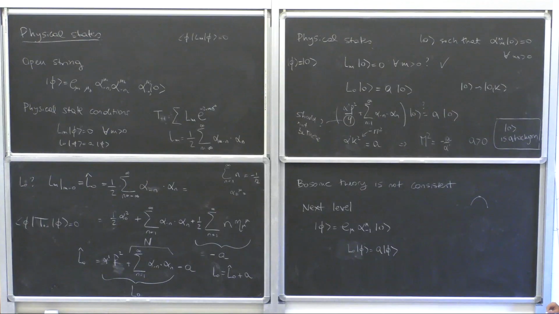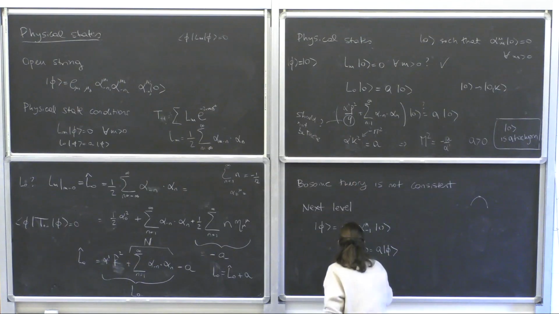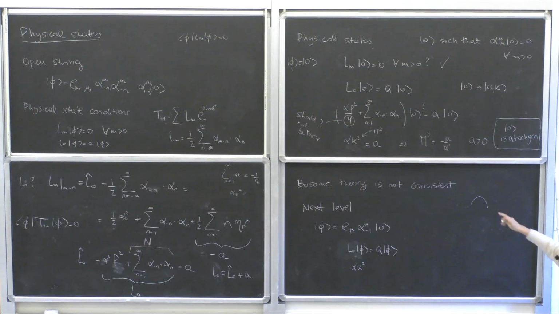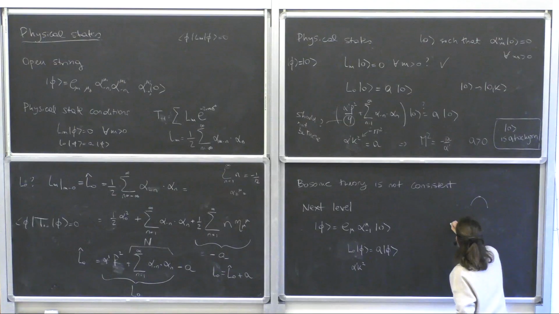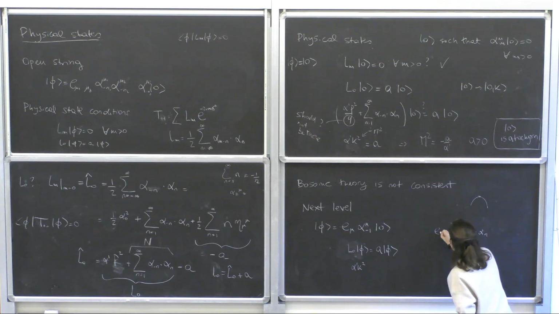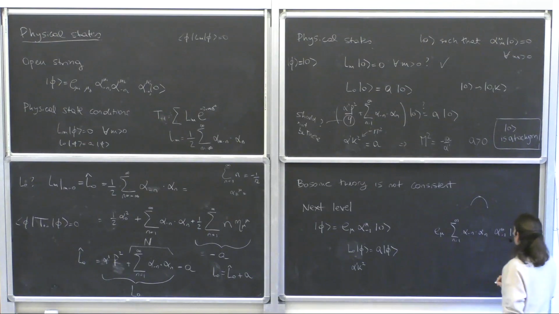So from the condition L0 phi equals A phi, the first term gives me alpha prime k squared, so up to this factor of 4, that should not be there. And now from this sum, let me write here n equals 1 to infinity, alpha minus n dot alpha n, e mu, alpha mu minus 1, 0.